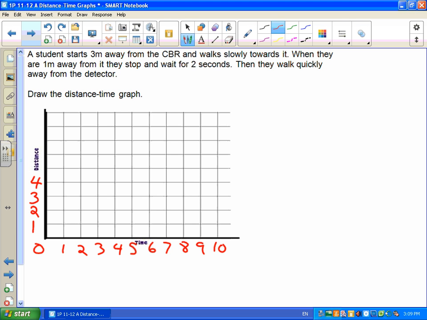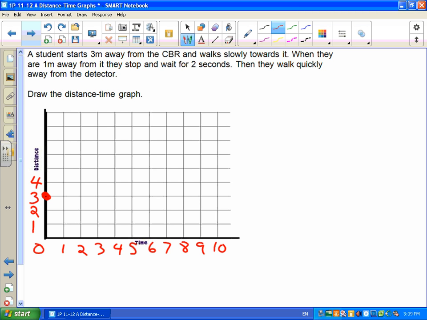Okay. Where should they start? Start is always going to be right on this distance axis. So they need to start 3 meters away from the CBR. So they're going to start right here. Now they want to walk slowly towards it. So I have to draw a line. What kind of line do I want to draw here if they're walking slowly towards it?